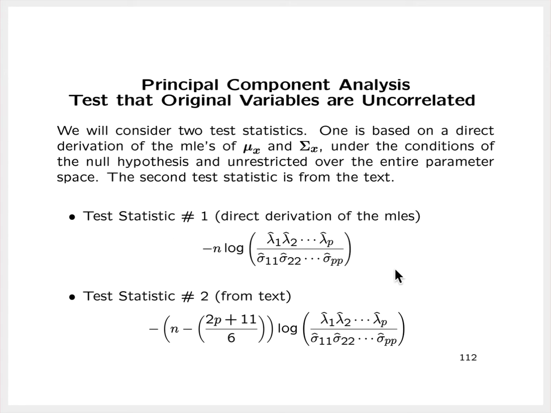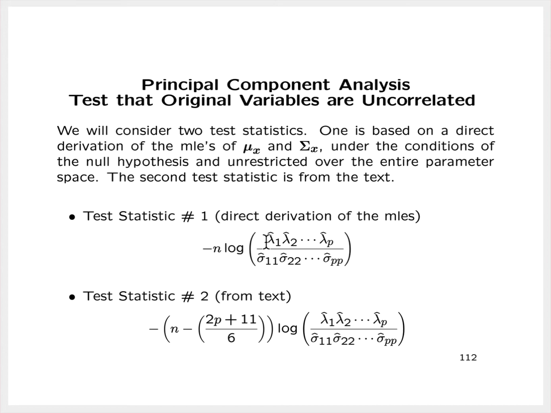Now, what we have to do is first estimate the covariance matrix under the two conditions that we're considering: under the conditions of the null hypothesis, and overall unrestricted over the entire parameter space.